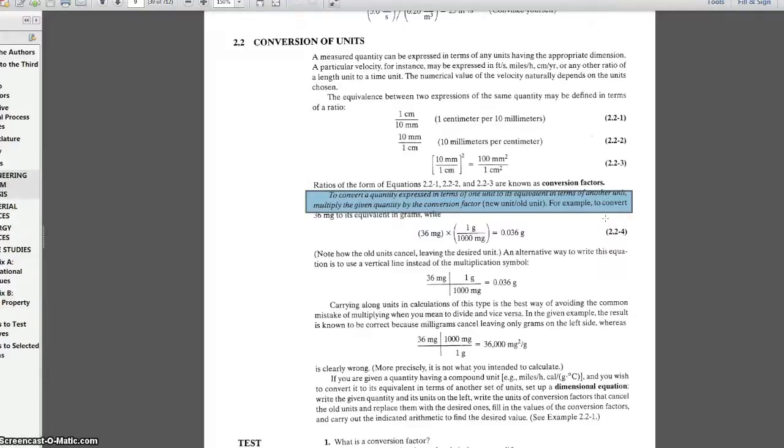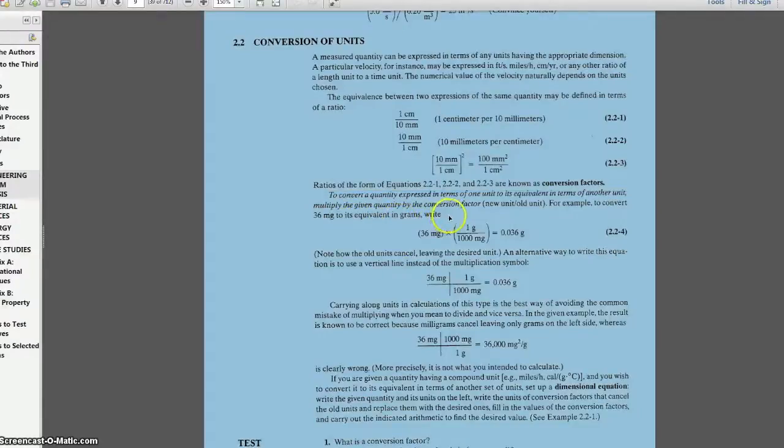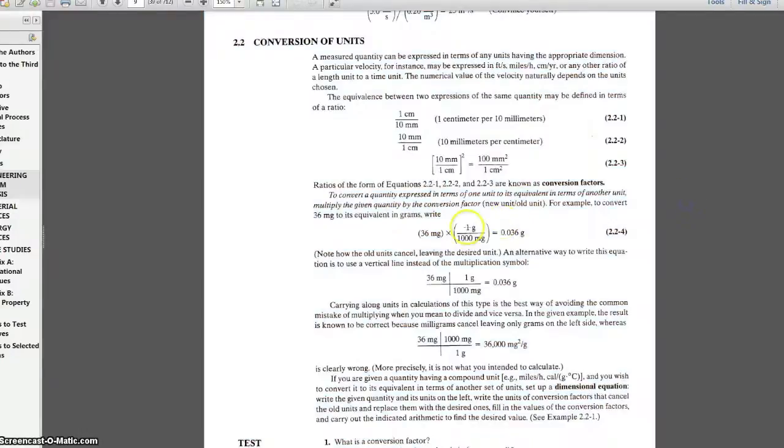For example, to convert 36 milligrams to its equivalent in grams, 36 milligrams divided by 1,000 milligrams per gram equals 0.036 gram, since 1 gram equals 1,000 milligrams. So since we have 36 milligrams, that ends up as 0.036 gram.